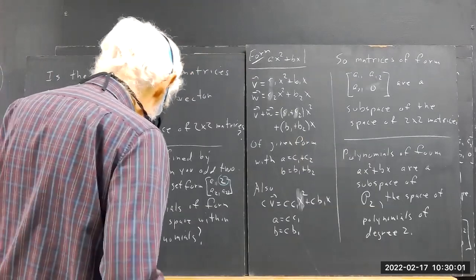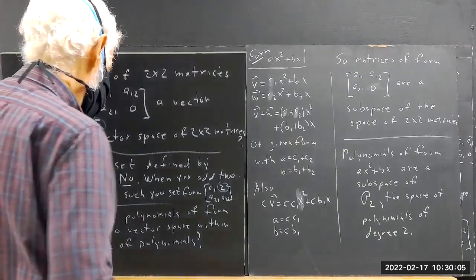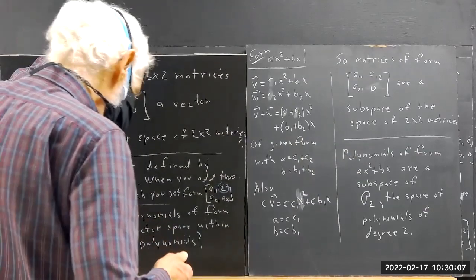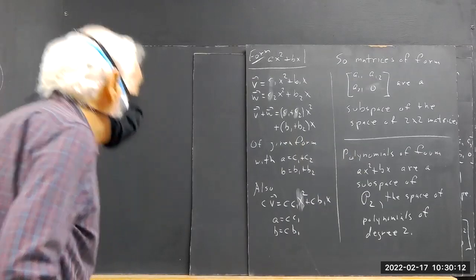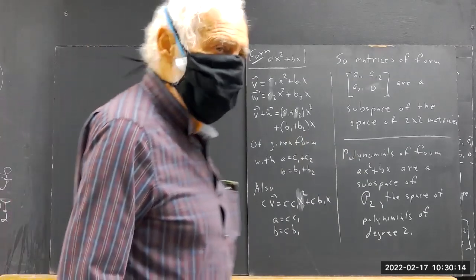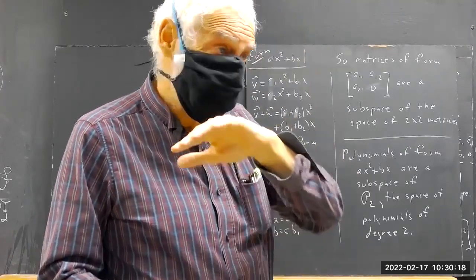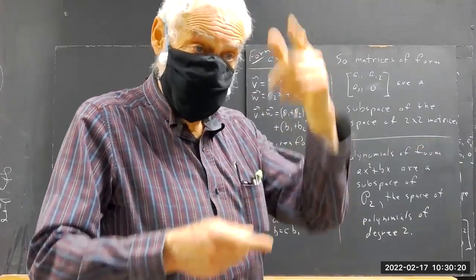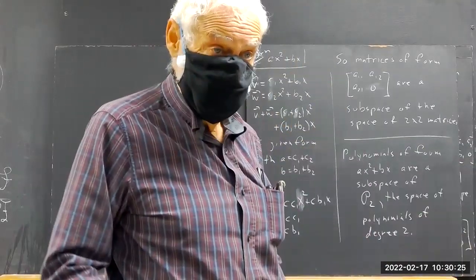Now, spaces and subspaces can be understood fairly intuitively in terms of R2, the coordinate plane, and R3, three-dimensional space. X here, Y here, Z. Okay.